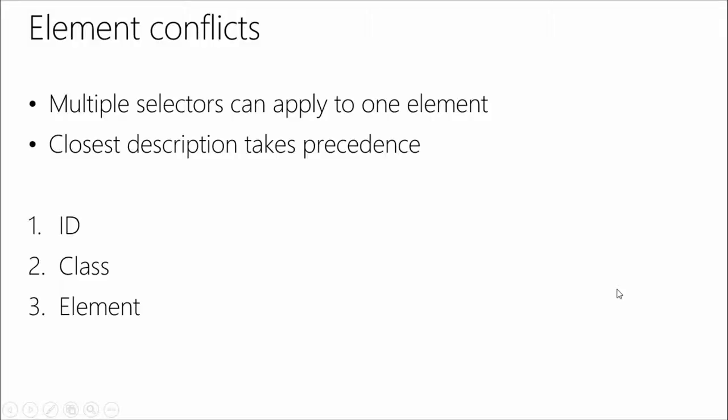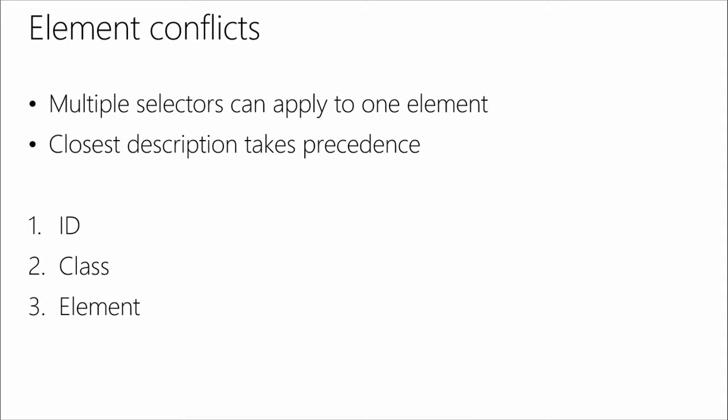We've got just one last little conflict here that's worth highlighting, and that's in the case of an element. So what happens if maybe we had something that was set for a div tag and for a class? And one was supposed to be red, one was supposed to be blue. What do we do in that case? The best way to describe this is whatever best describes the element.